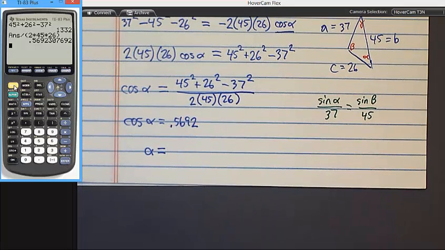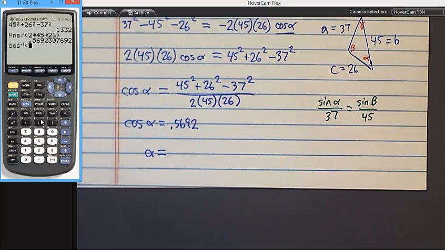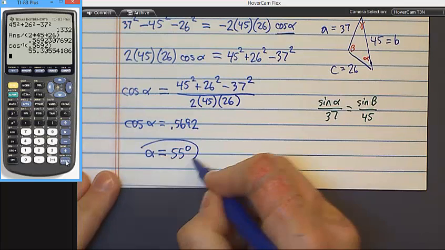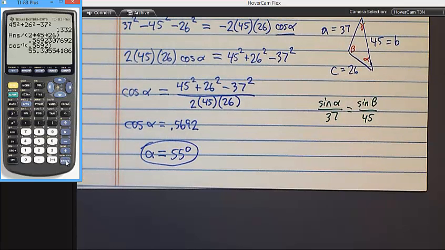Well, we'll do the inverse cosine of 0.5692. And let's see what we get. 55 degrees. Okay? So there's 55 degrees.